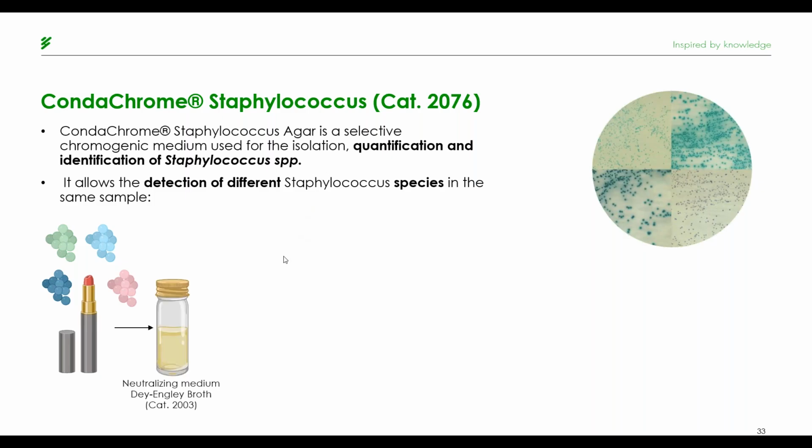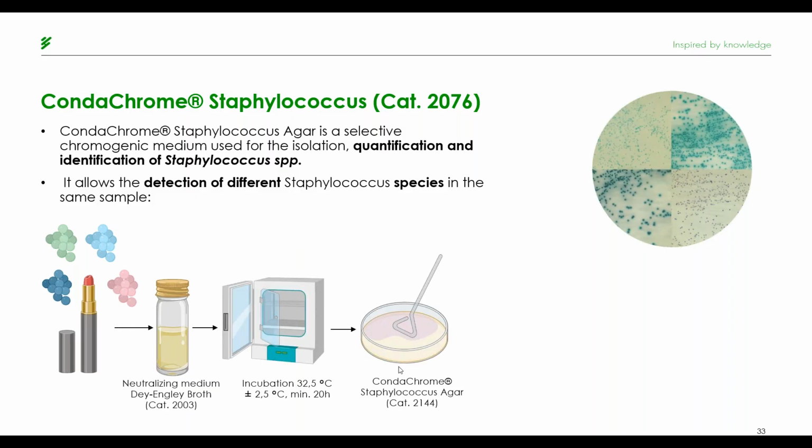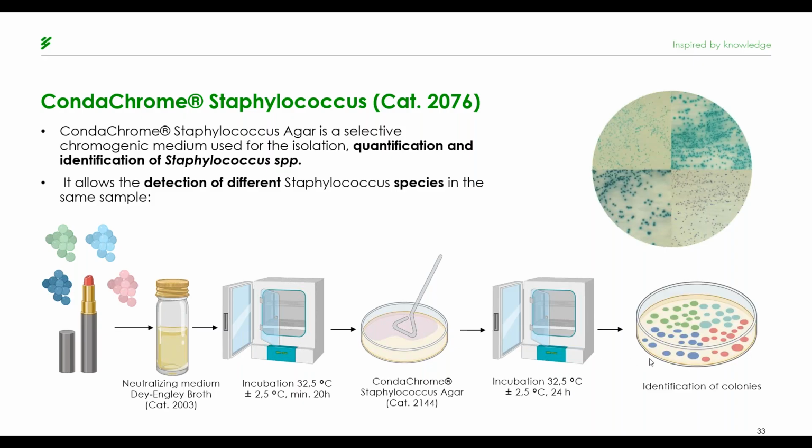The method is the same as before, using the same neutralizing medium, pre-incubated. You inoculate a plate of Condochrome Staphylococcus agar, and you incubate it at 32.5 degrees Celsius during a minimum of 24 hours, and you can identify the colonies of Staphylococcus aureus with a bright red yellow color.